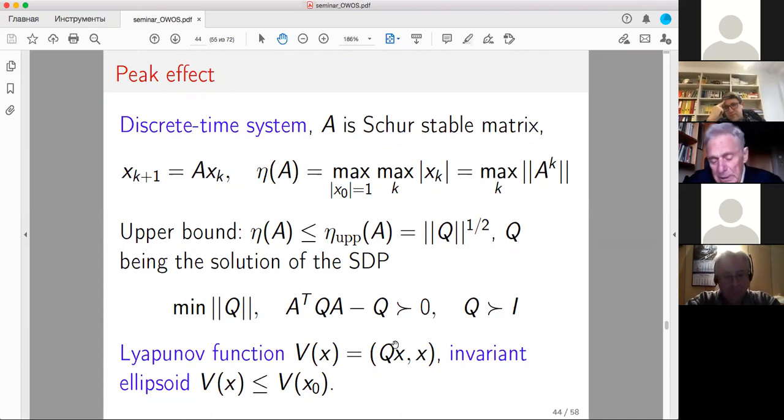And it can be proved if we introduce a quadratic Lyapunov function and take an invariant ellipsoid. All xk's remain in this invariant ellipsoid, provided x0 is in this ellipsoid.